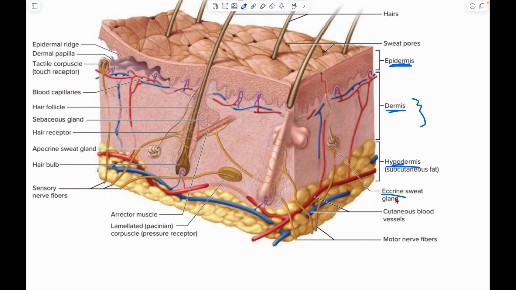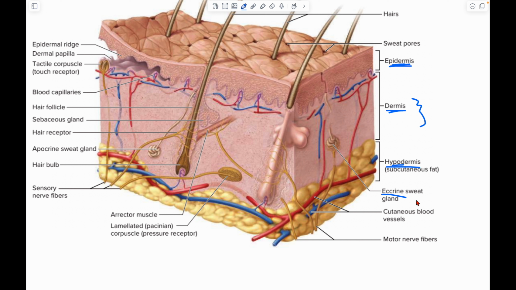Beneath the epidermis is the dermis, which contains many of the structures which allow skin functionality, and this is where the majority of the processes for skin function occur. We have these sweat glands. For example, the eccrine sweat gland shown right here helps regulate body temperature.